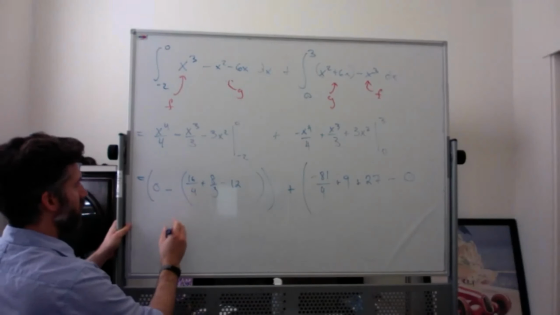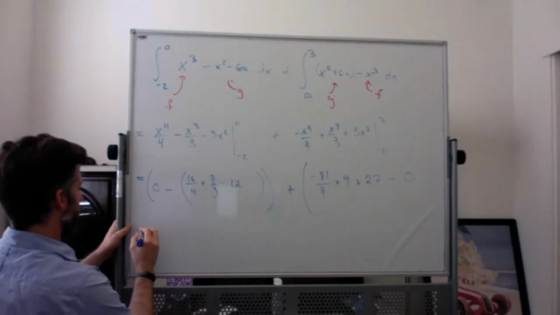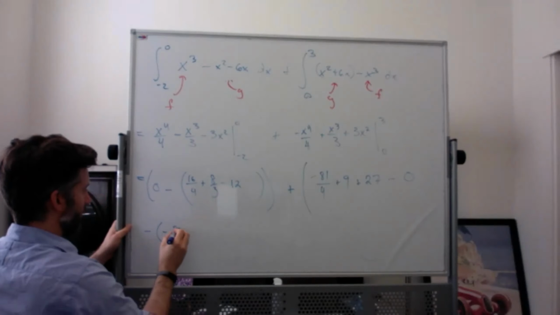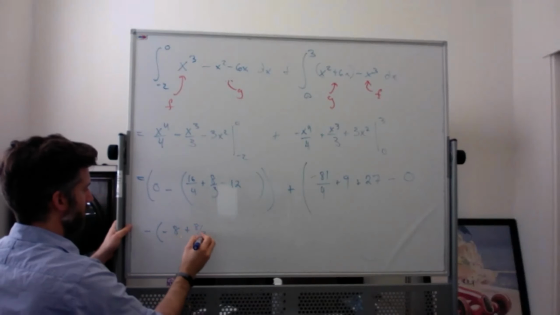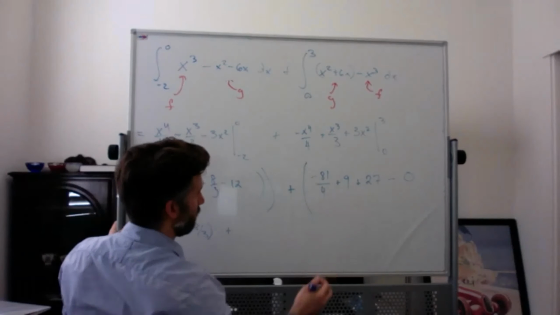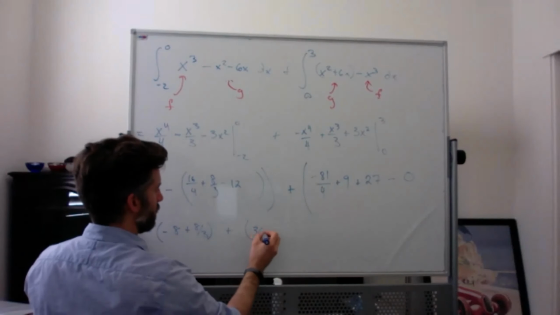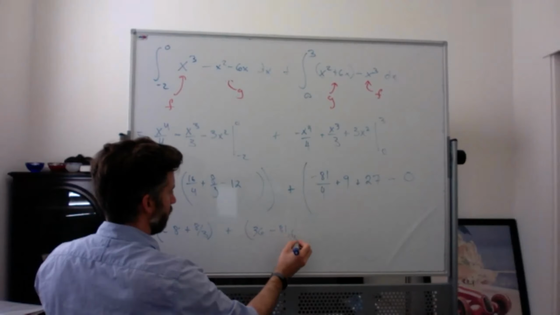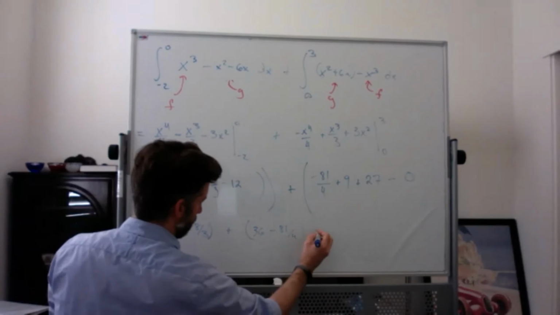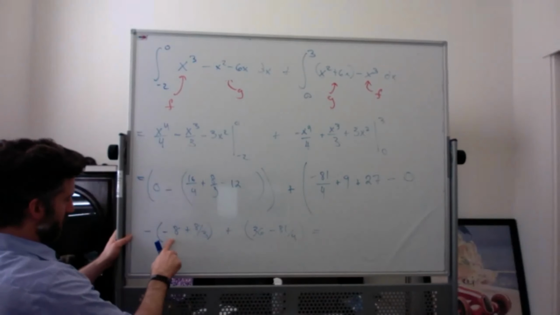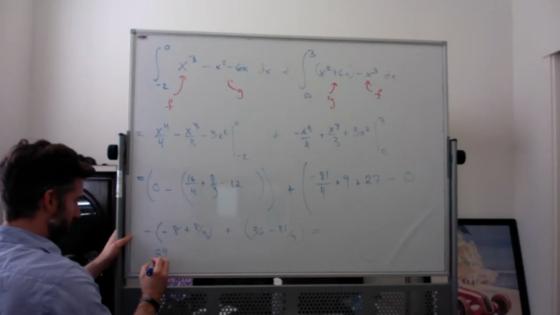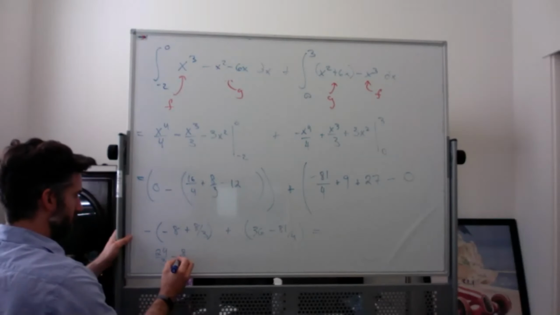So this is 4. So I get minus 4 minus 12 is negative 8 plus 8/3. Plus 9 plus 27 is 36. So I get 36 minus 81/4. And then, I'm a fraction kind of person, so I'm going to write this as 8 minus 8/3, but 8 is really 24/3 minus 8/3, right?